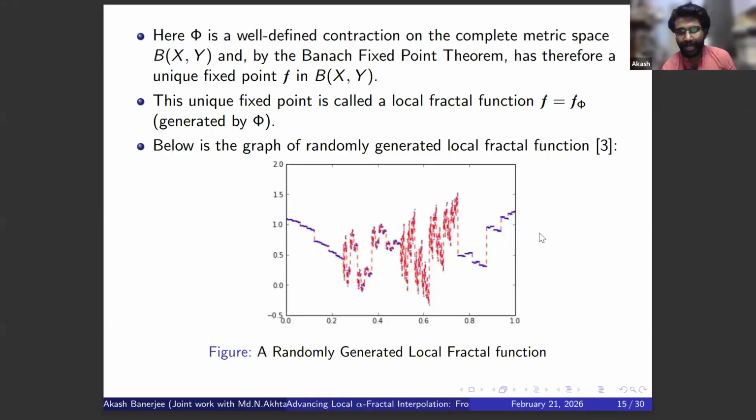And this is a graph of a randomly generated local fractal function. As you can see, these red dots represent the discontinuities. So this function is a discontinuous function, which is in contrast to the fractal functions and alpha fractal functions that we have seen earlier.